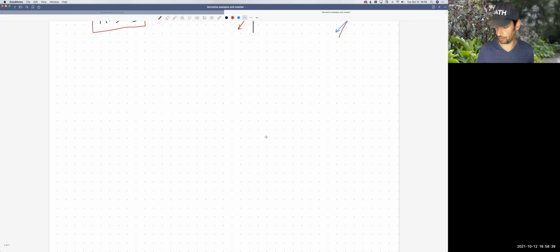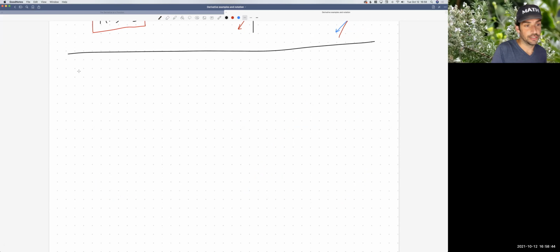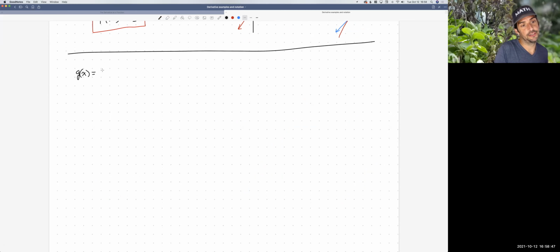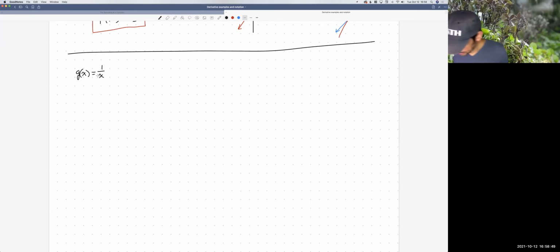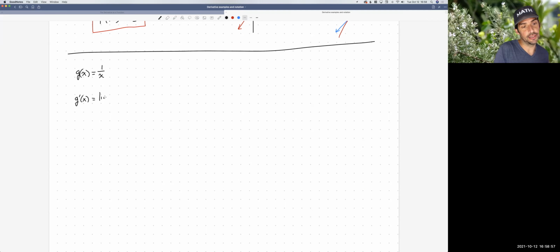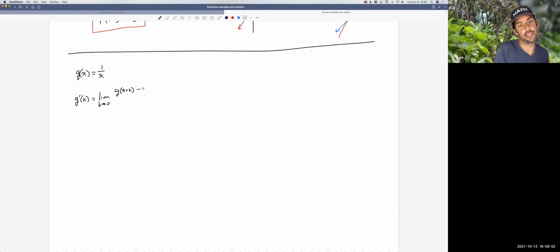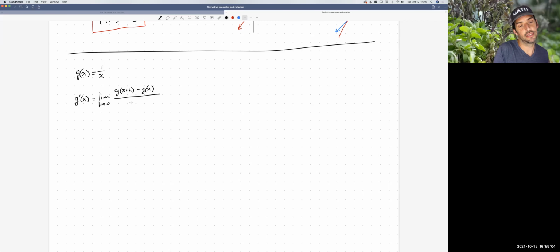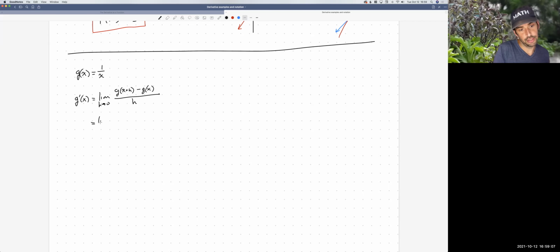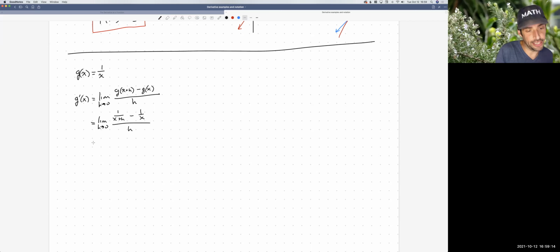Let's do another one. Let's look at g of x is equal to 1 over x. So then g prime of x will be the limit as h goes to 0 of g of x plus h minus g of x over h. So we'll have the limit as h goes to 0 of 1 over x plus h, minus 1 over x, all over h.